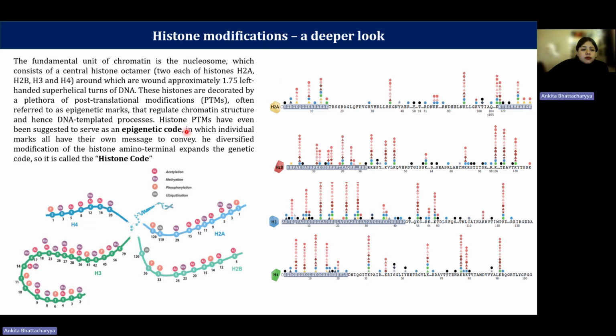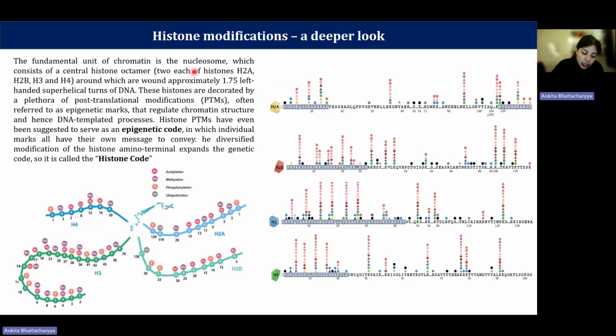So the diversified histone PTMs have even been suggested to serve as an epigenetic code, in which individual marks indicate the type of change that has occurred within the DNA. Each of those marks has its own message to convey, and also the diversified modification of histone amino terminals or the N-terminal end expands the genetic code, so it is called the histone code.